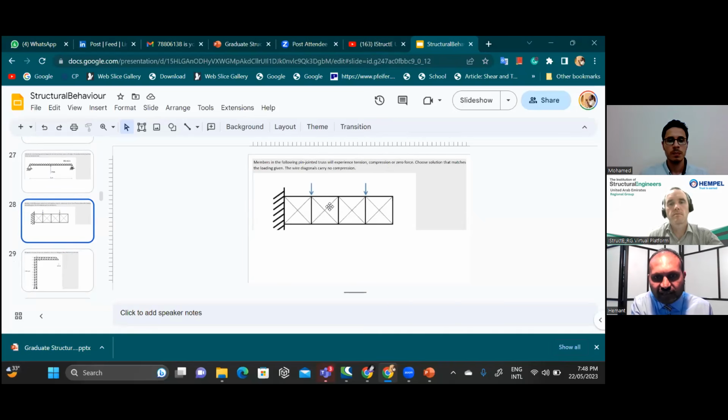We can delete the compression members and calculate the force in the member. The Institute gives you the opportunity to do n number of practice attempts before the final exam. If you do a minimum of 10 attempts, you will definitely perform well in the exam. Thank you, Declan.